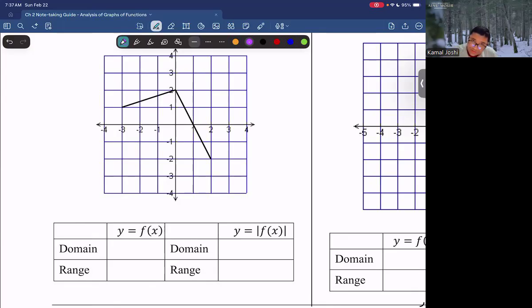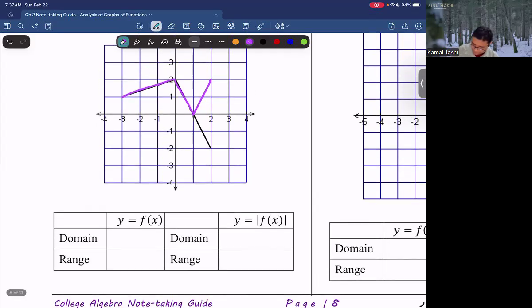And you should have noticed this. This whole part remains the same because the output is already positive. What's the only value that changes? From here to here. From 1 to 2, on that interval, it's negative, so you make it positive. Okay.